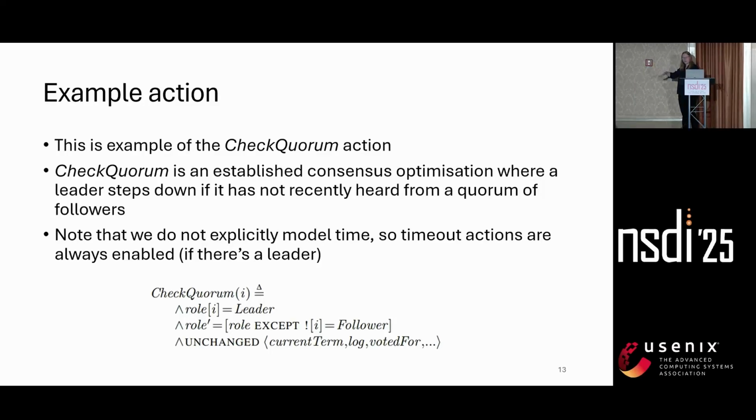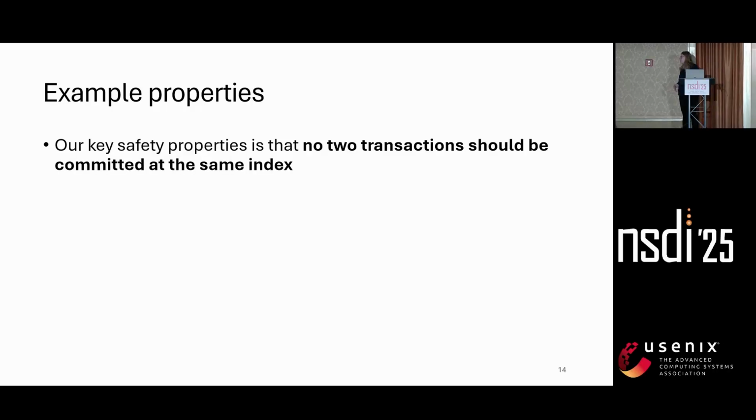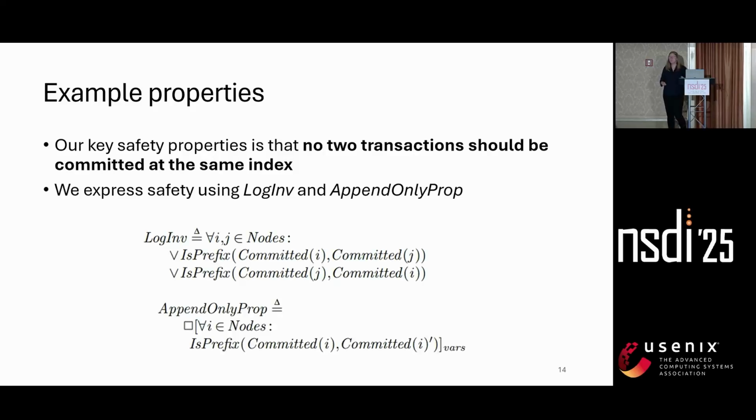Once we've got those actions and those variables, we can then start to check properties. We mentioned before that we don't want transactions to be able to change, so we want to be able to say that no two transactions could be committed at the same index. And we can express this with the following pair of properties.